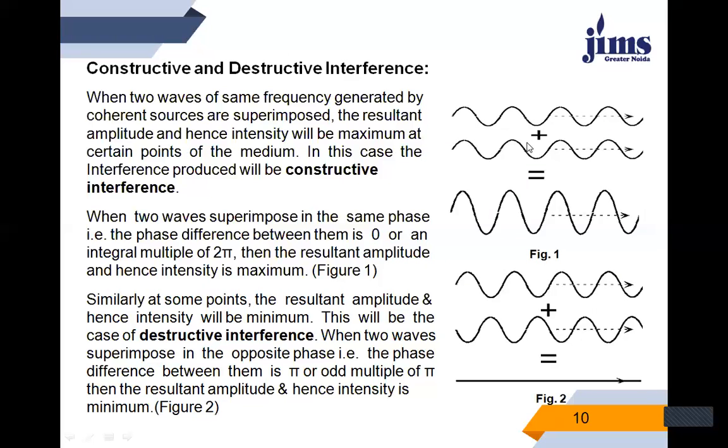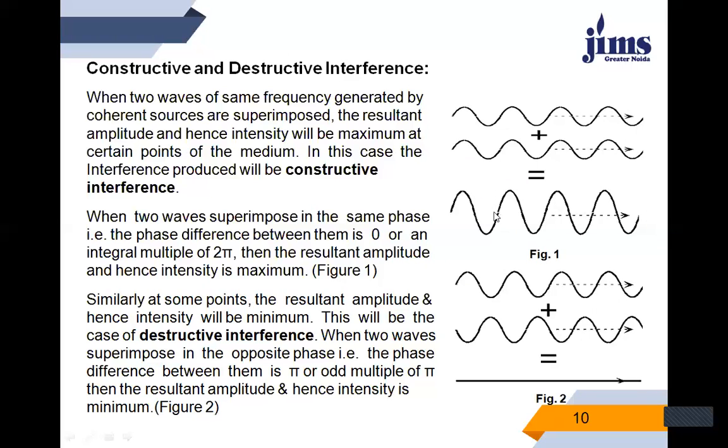So when these two waves superimpose, combine or meet, this is the resultant wave. You can see the amplitude of this resultant wave is larger than the amplitude of the two individual waves. It means that its energy, or intensity, is added in the resultant wave.